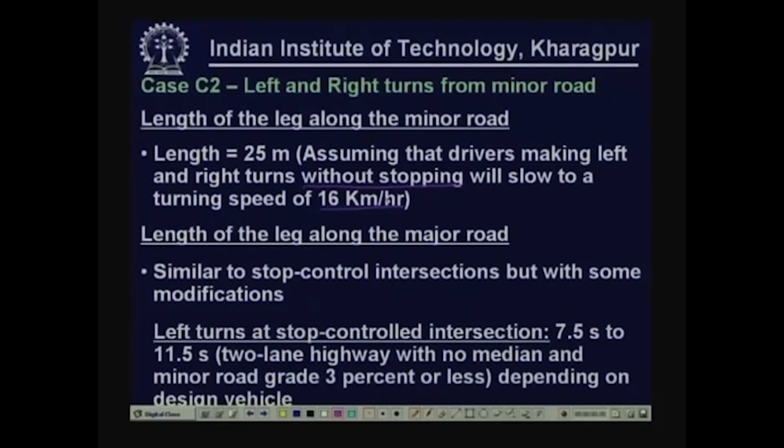That means vehicles which are taking turn either to the left or to the right will further reduce speed to one which will be acceptable or comfortable for making the turns, and that speed is 16 km per hour. So, considering this aspect, the length of leg along the minor road is recommended as 25 meter.